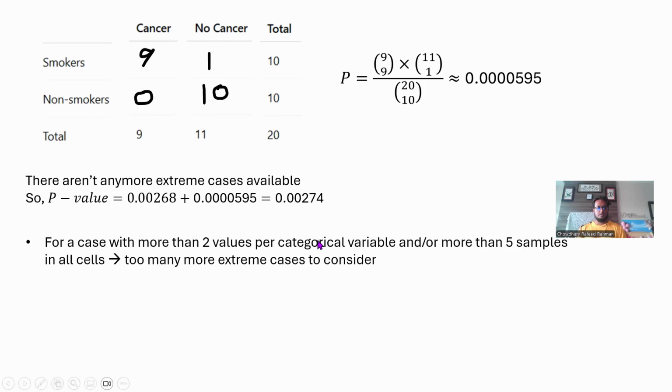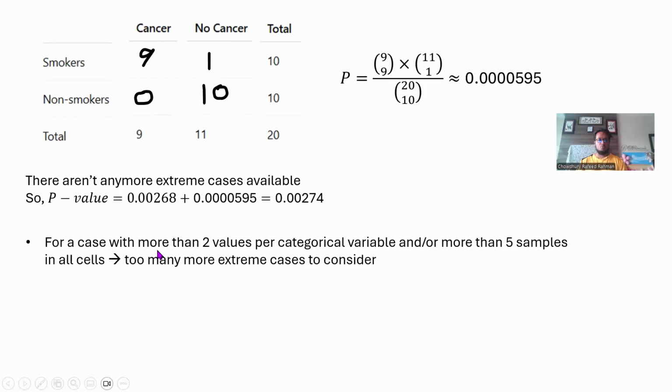So here are a few things. If you have more than 2 values per categorical variable, what do I mean by that? For example, here smoking status had 2 values, smoker and non-smoker. But if they had 3 or more values, then it wouldn't be very smart to do this kind of Fisher's exact test.